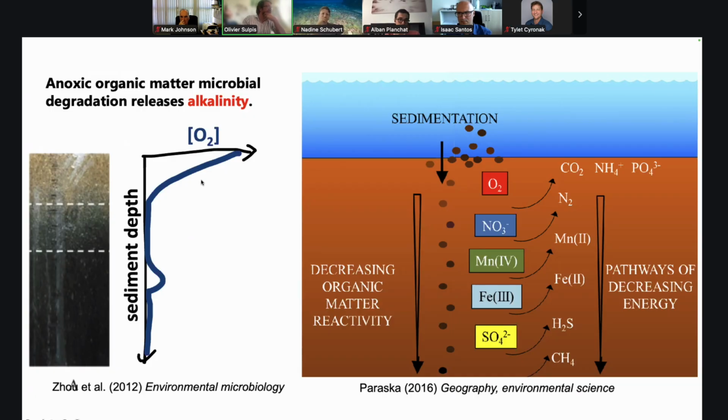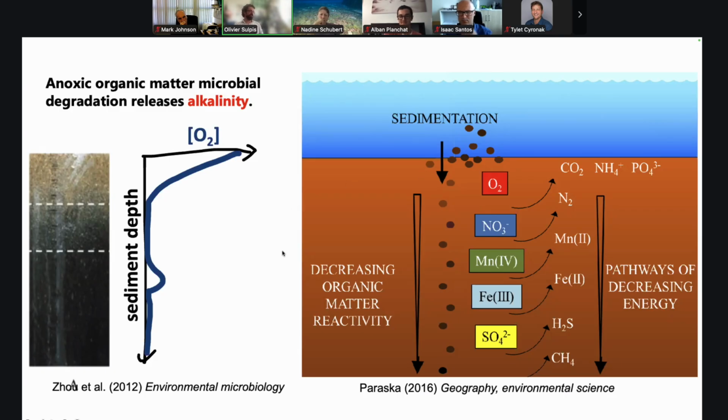The thing is that we have more reactions happening beneath this oxic layer. We still have microbes that are living and eating organic matter even when there is no oxygen anymore. So to sum it up, as we increase sediment depth, we are decreasing the reactivity of organic matter, because the tastiest part of this organic matter pool will be eaten first. We have hungry microbes living everywhere, so of course, when they receive some fresh organic matter, they eat what is labile, what is very reactive, and they leave the most unreactive parts.